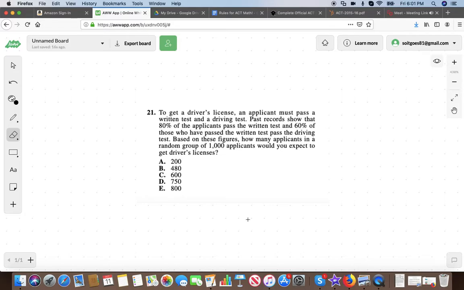Easy. We got 1,000 applicants. And it says 80% of the applicants pass the written test. By the way, we could calculate how many passed the written test, right? How do we find out how many people passed? 80% of 1,000.